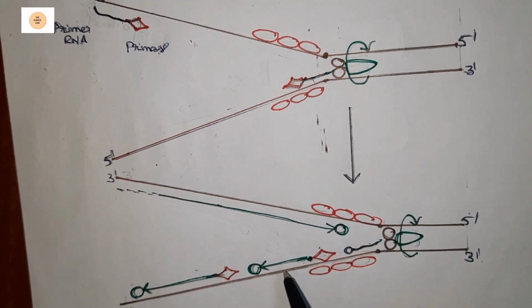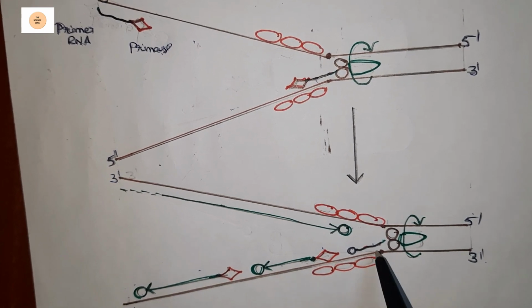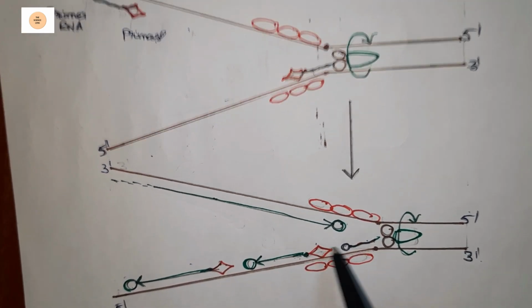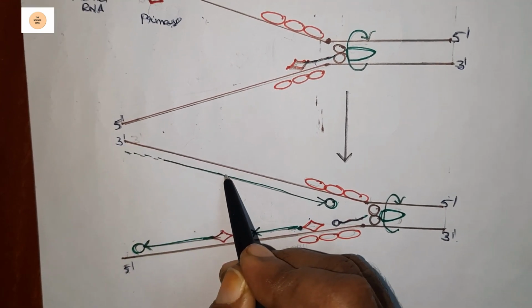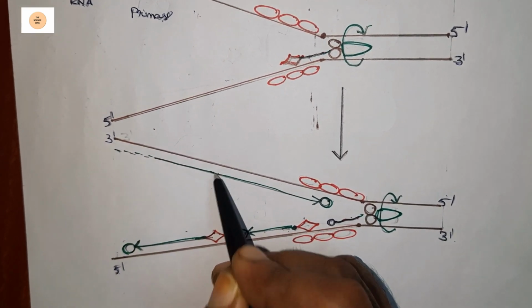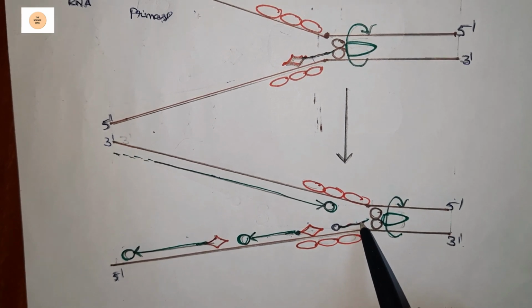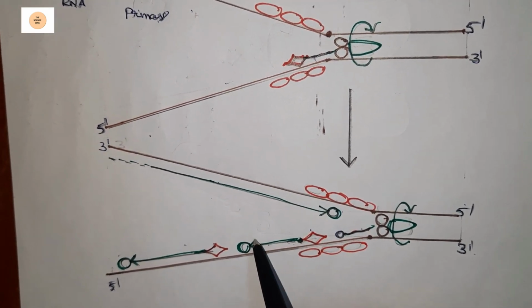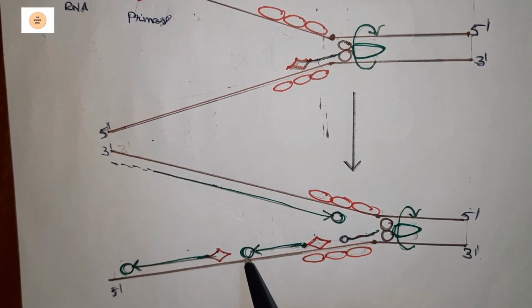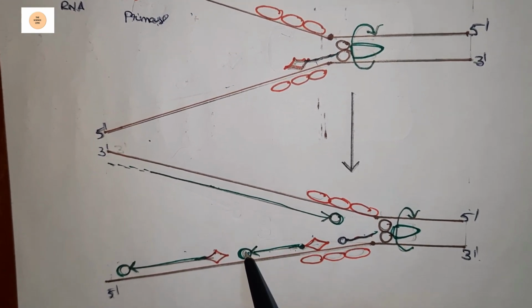So here why we are getting the lagging strand means here the primer is there. After a certain length is formed on the leading strand, then another primer is synthesized here, and it will lead to the formation of a small fragment here. Then with the help of the polymerase the chain is extended.